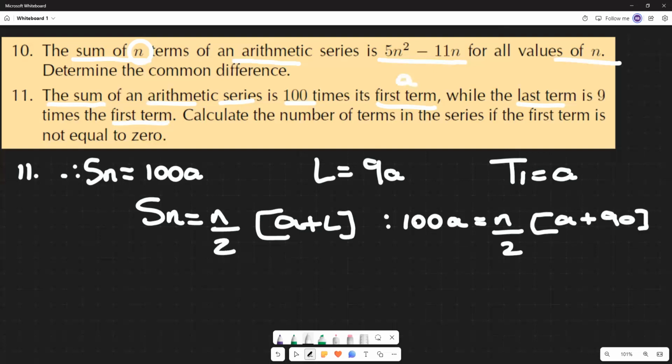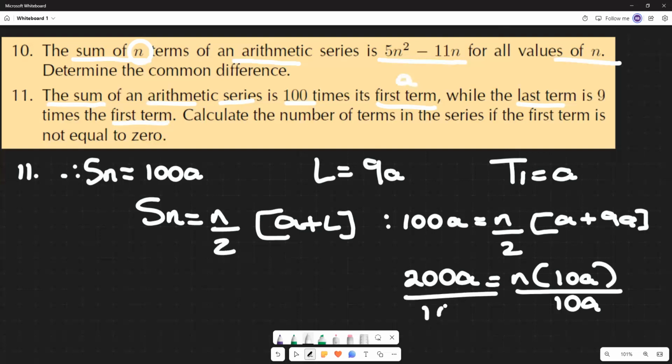Then the 2 will multiply there, you're going to have 200a equals n, that is a then, and then you have 10a inside. And then you need to divide both sides by 10a. Therefore, the number of terms of this pattern will be 20, because this a will cancel that, and then 10 goes 20 times into 200.